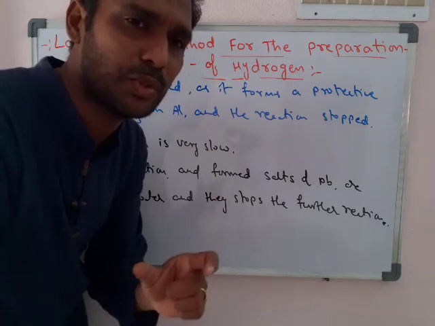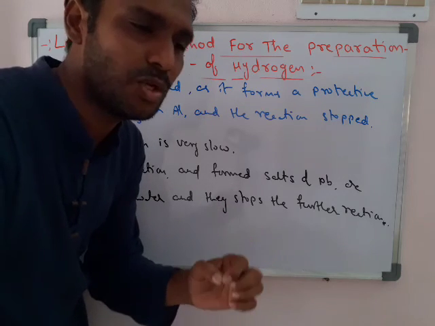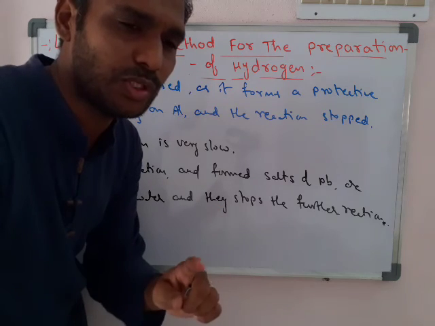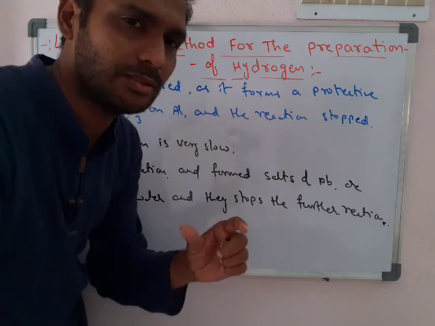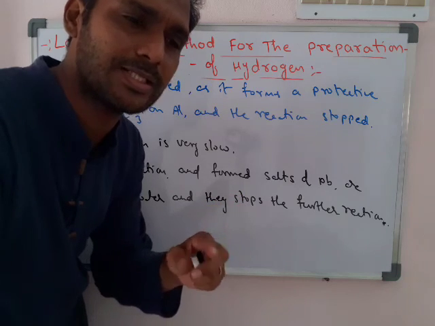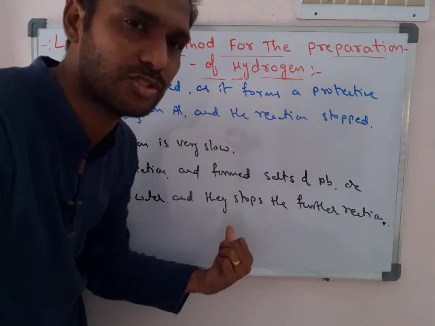What is the main impurity in it? Copper. So the copper works as the catalyst. Very slow కాకుండా కొంచెం స్పీడప్ చేస్తారు రియాక్షన్. ఓకే, so today's topic we covered: what is the reaction, what are the apparatus, what is the procedure. Next, why we preferred zinc.